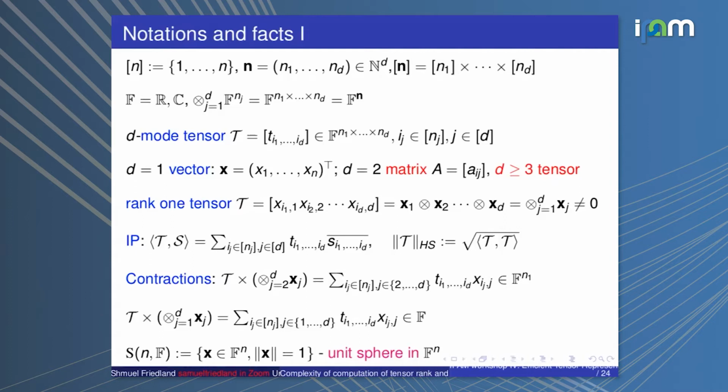I have a tensor T with d modes, and I have a product of d minus 1 vectors, and then we contract it on the last d minus 1 indices of T, and it's going to be a vector in F^n1. We also want to contract on all the indices, so this is T with x1 up to xd. The reason I do that and not use the inner product is that I don't have the bar. And sometimes I will use S to stand for the unit sphere in F^n.